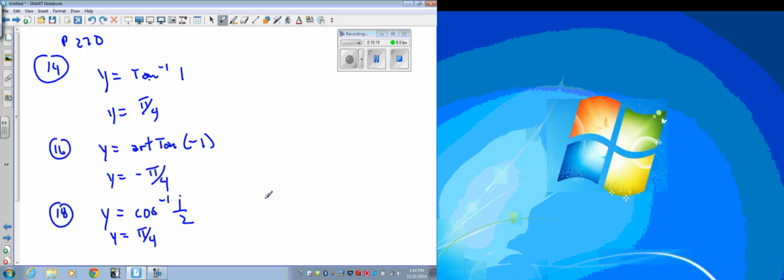Because we're taking it from the ordered pair that at pi over 6 we get 1/2. And the inverse function is 1/2, pi over 6. So when it says cosine inverse of 1/2, it wants it this way.